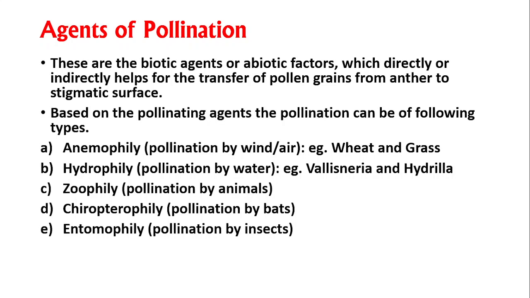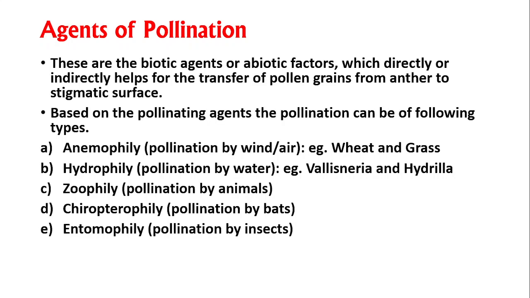The very important point is the characters of entomophilous flowers, and the characters of anemophilous flowers. Anemophilous flowers will not be brightly colored, but entomophilous flowers are brightly colored, right? Like this, pollination takes place with the help of different pollinating agents.